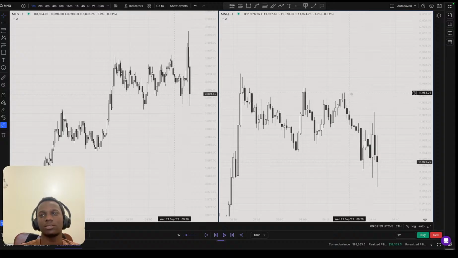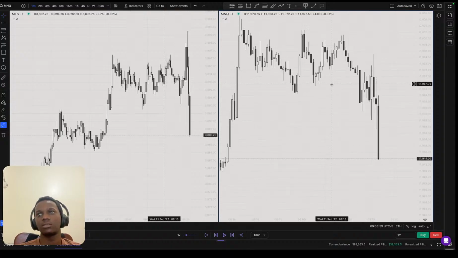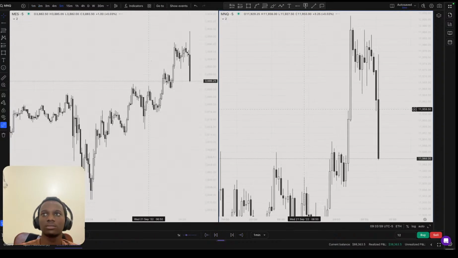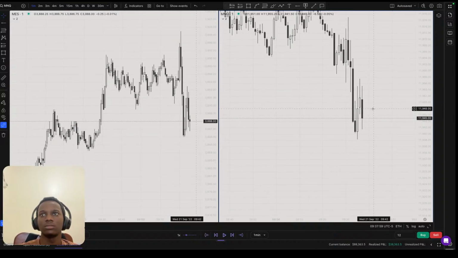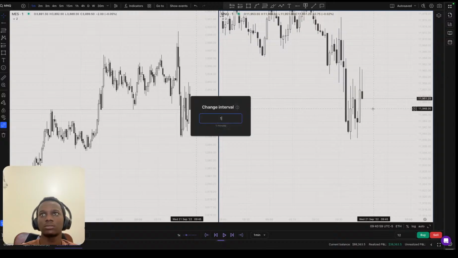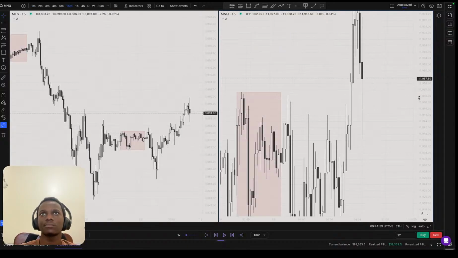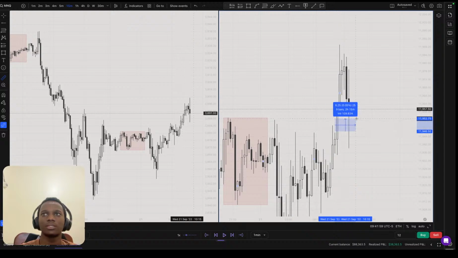This is empty here. Now price is rejecting this gap.